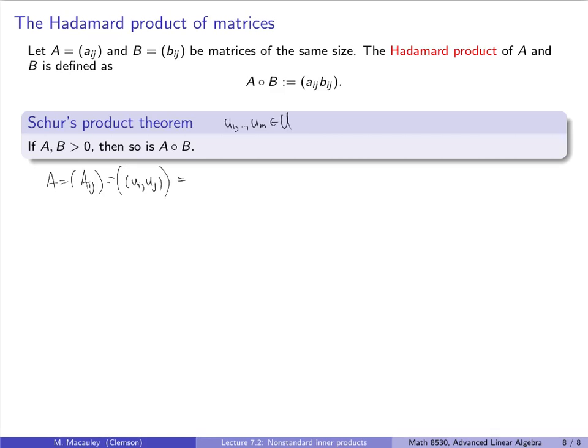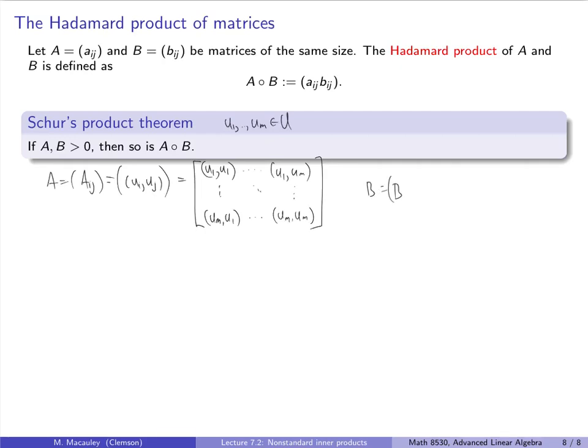I still like to visualize it like this: u1 dot u1, it helps me to see it like this, u1 dot um, then we have um dot u1, and so on.